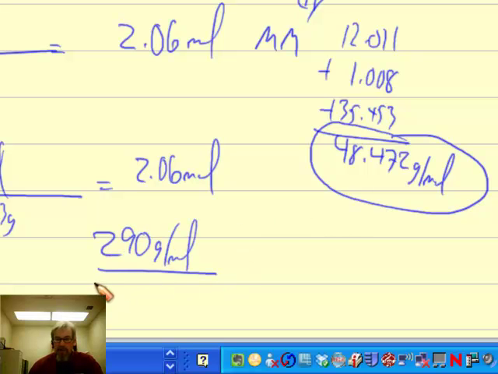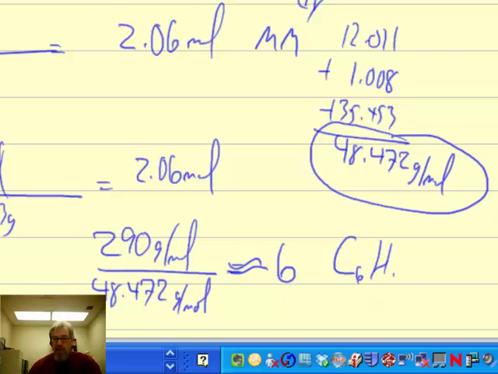So we'll divide that by 48.472 grams per mole, and we'll find the ratio. Well, again, we have a number that's really, really close to 6, within a few hundredths of 6, so we can round to that. Well, that means we just multiply all the subscripts by 6. They're all 1s to start with, so we end up with C6H6Cl6.